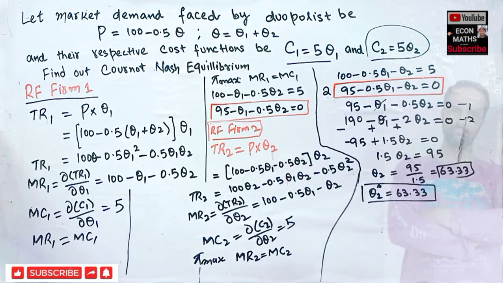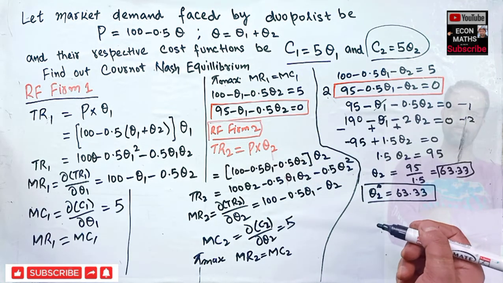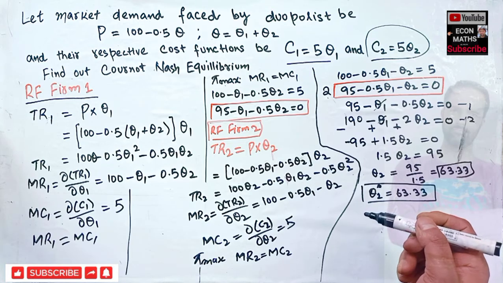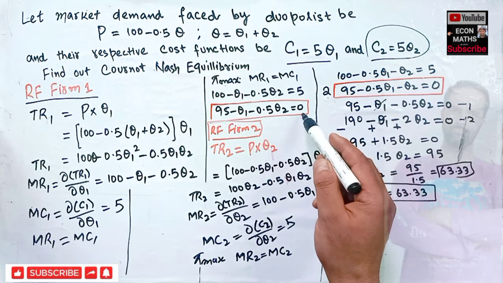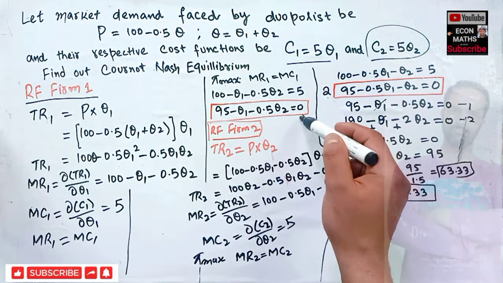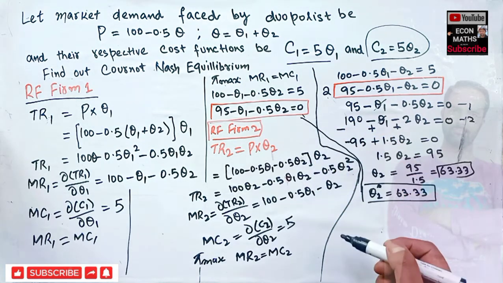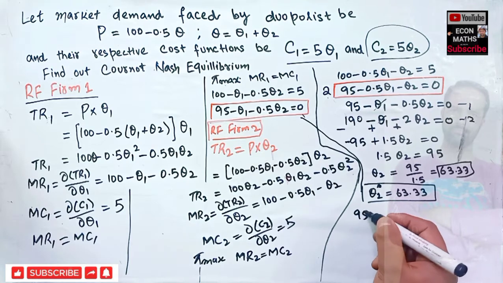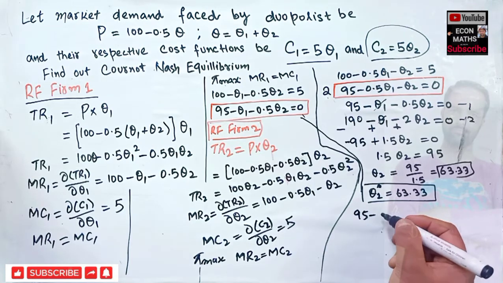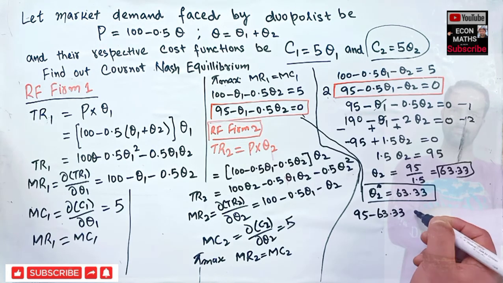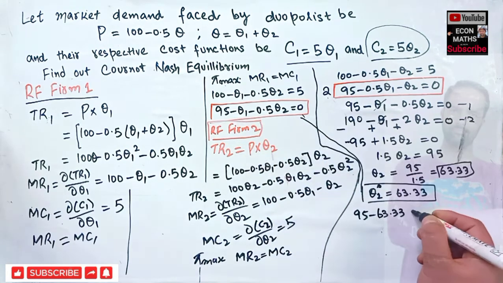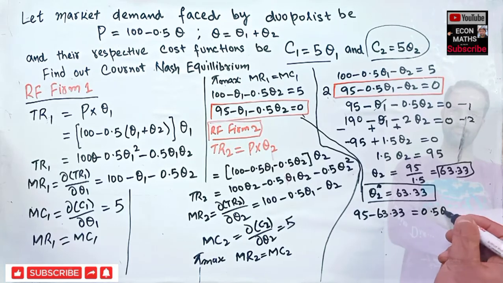Let's try to solve this also here. Let us put it in this equation to get the value of q1. So we have 95 minus 0.5 times the value of q2, which is 63.33. Transposing this, it will become q1.